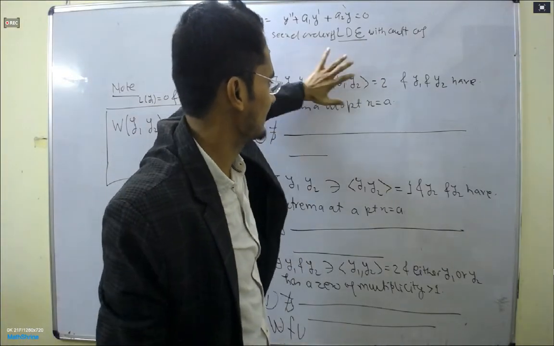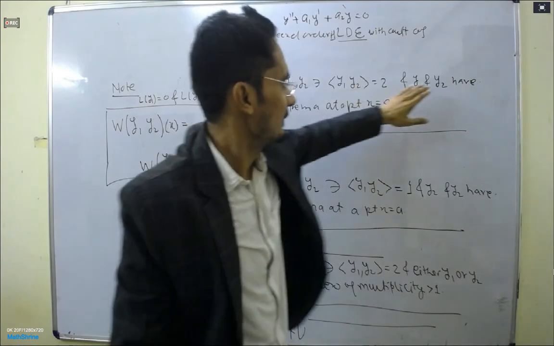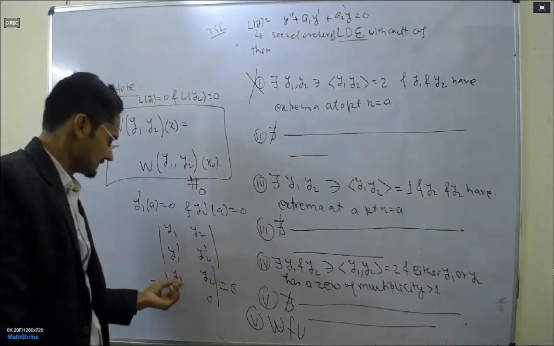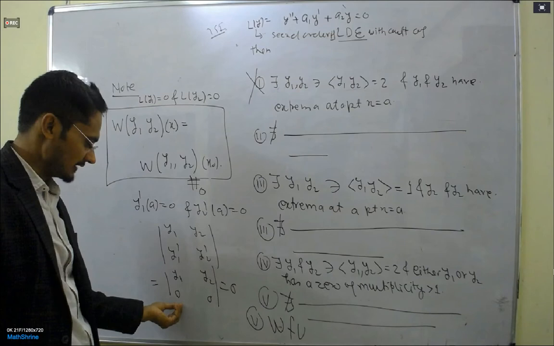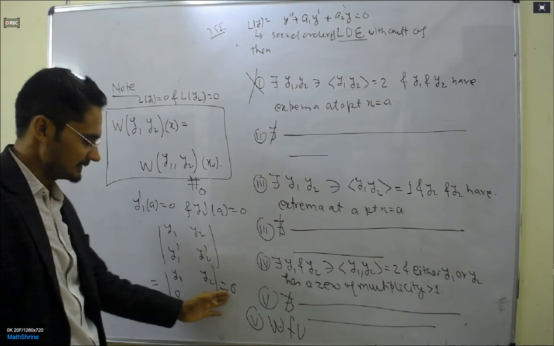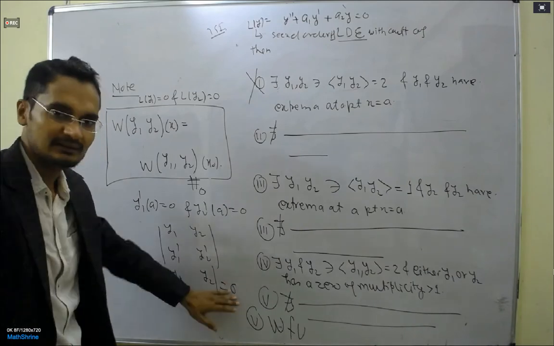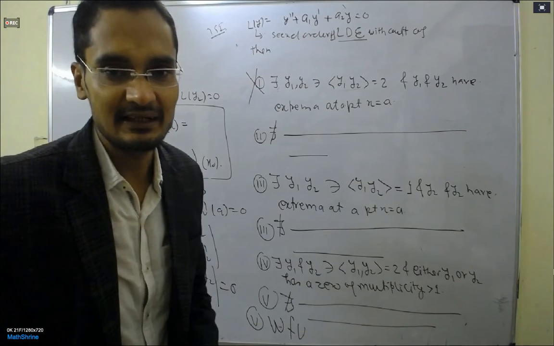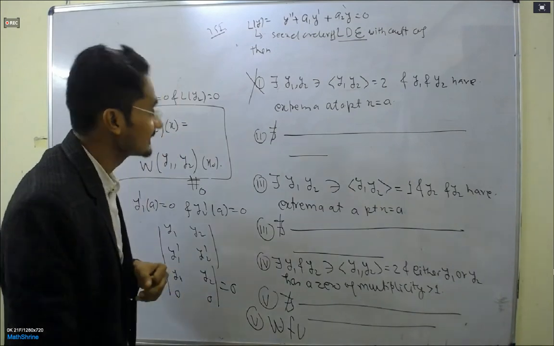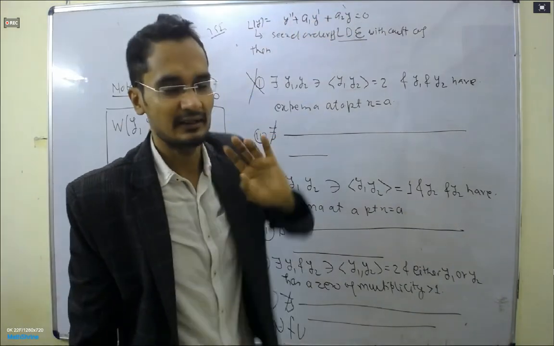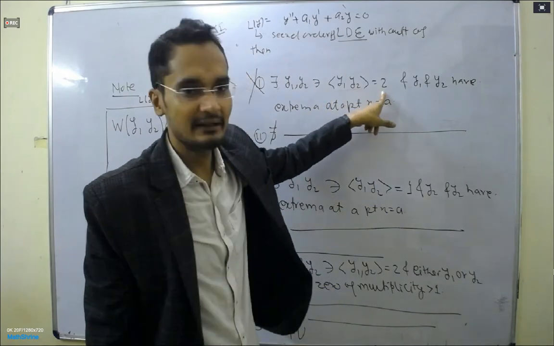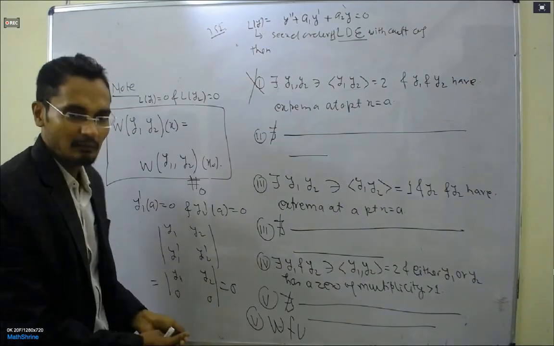It means that whenever we have a differential equation, if we have two solutions y1 and y2, and both are linearly independent, then extrema cannot be at the same point. But y1 can have extrema at a different point, y2 can have extrema at a different point. Then that will be the truth. Same point will not be allowed, right? Because having extrema at the same point contradicts the linear independence that gives the dimension. So I hope it is clear to everyone.